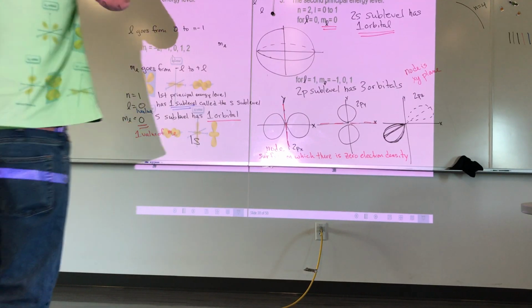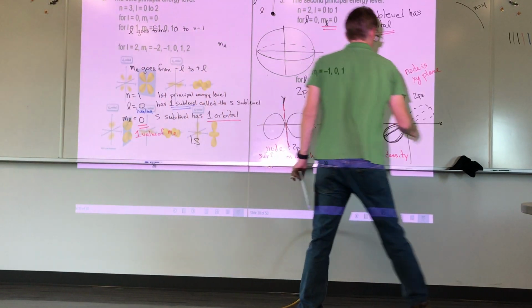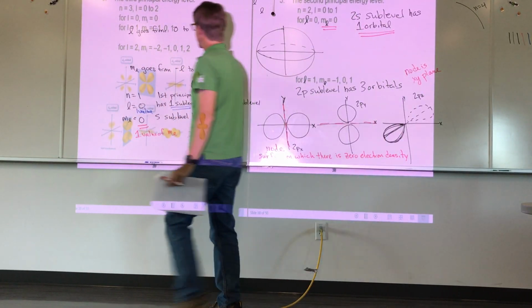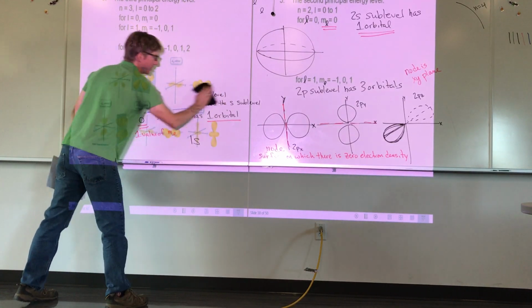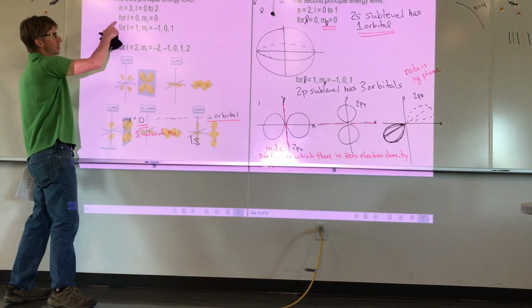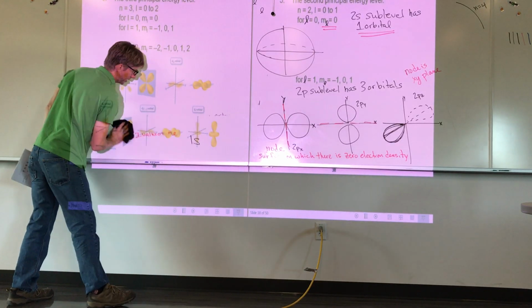For the third principal energy level, remember, L goes from 0 to n minus 1. That means that there's going to be an L equals 0, an L equals 1, and an L equals 2.